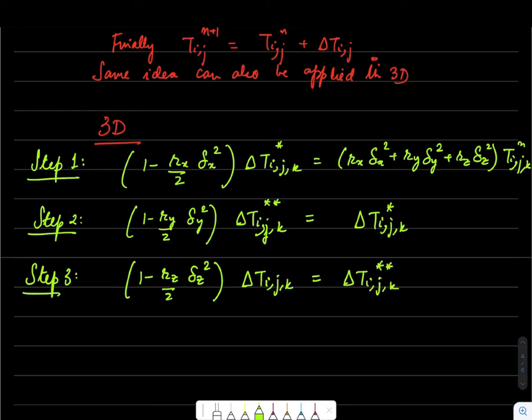So this approximate factorization method can become a very convenient tool for solving 2-dimensional and 3-dimensional heat conduction problems, transient heat conduction in that sense, using a Crank-Nicolson scheme which is second order in time and space, and also unconditionally stable.